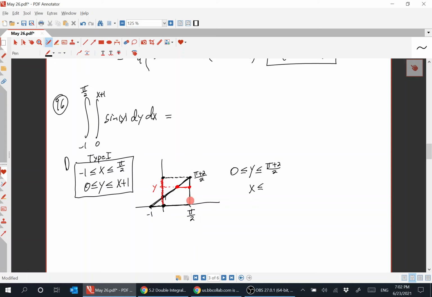This line right here, that's x equals pi over 2. And what's the lower bound? Well, this is the line y equals x plus 1.